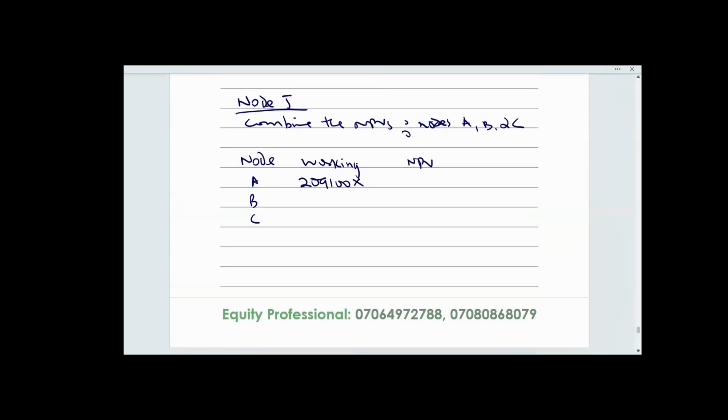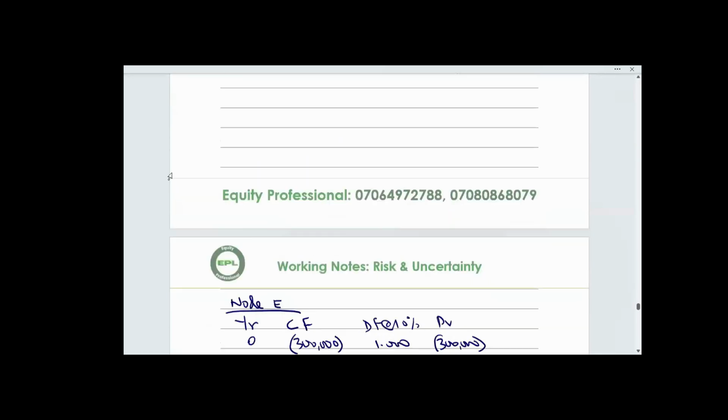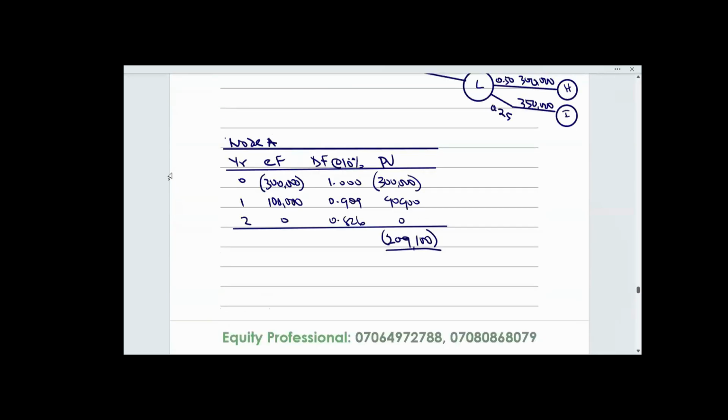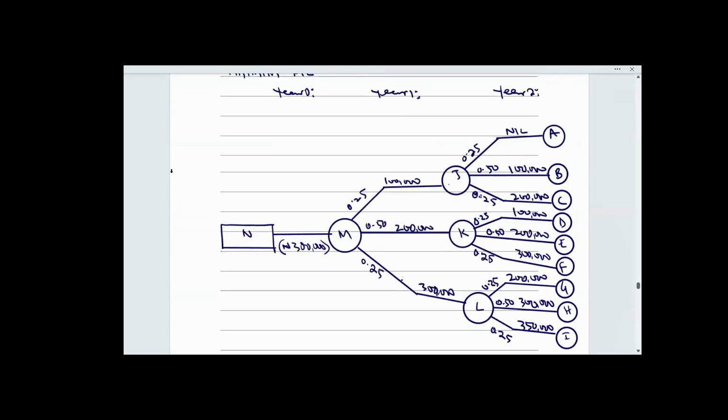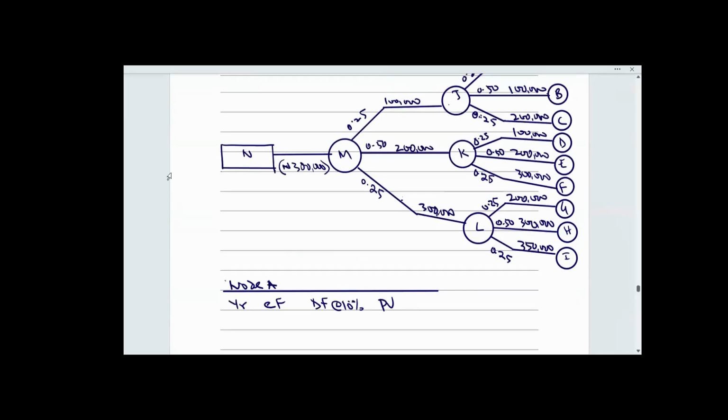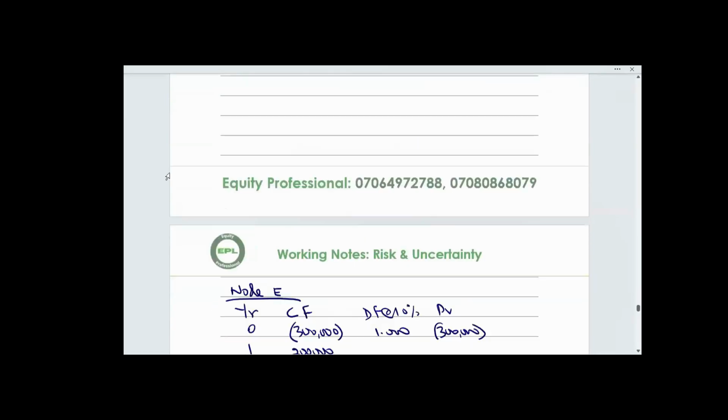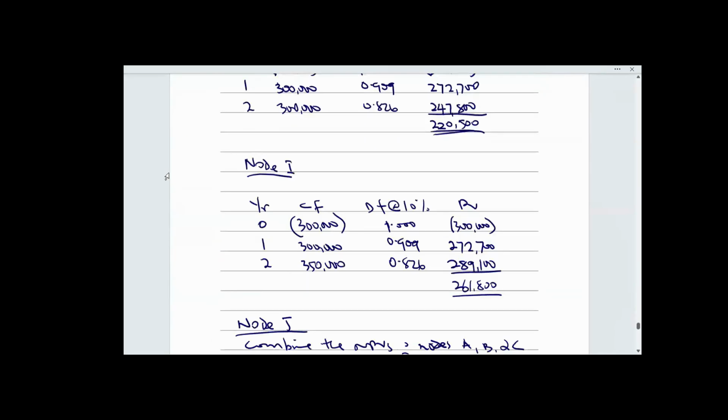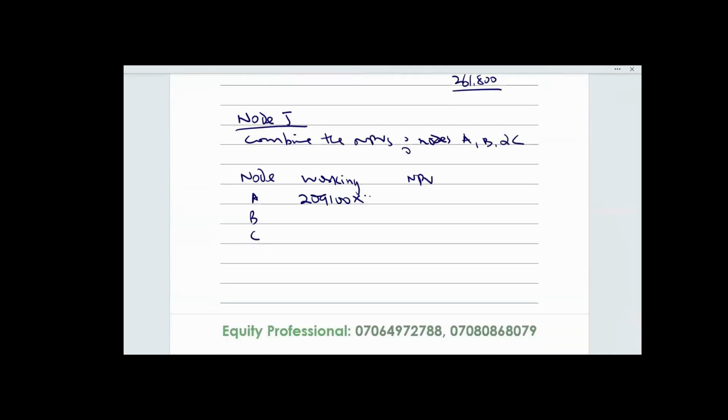Multiply by the probability of node A, 0.25, as it's coming to node J. This is negative.